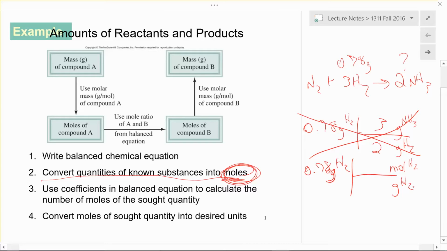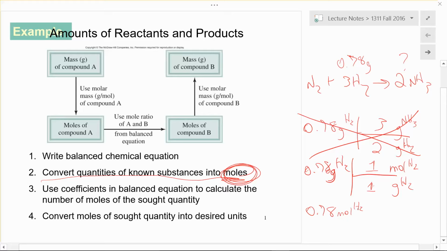That I can do because I have a conversion factor right there. 1 mole of H2 for every gram amount.